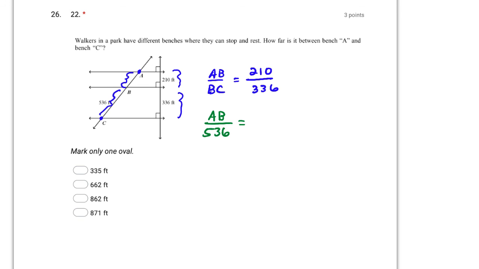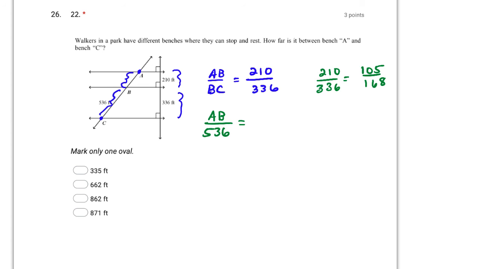And I'm trying to figure out if there's a number I can reduce that by to make it smaller, because I don't want to multiply such big numbers together. So I'm going to take 210 over 336 and start to simplify it. Divisible by 2, 105 over 168, I believe. Let me check that. Yeah.